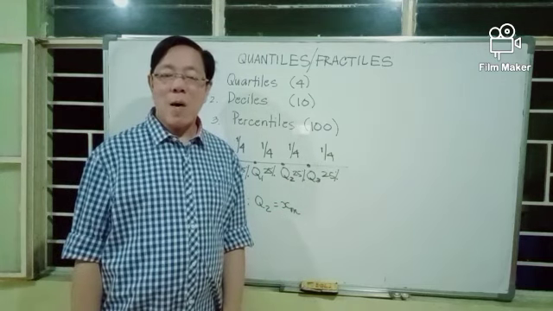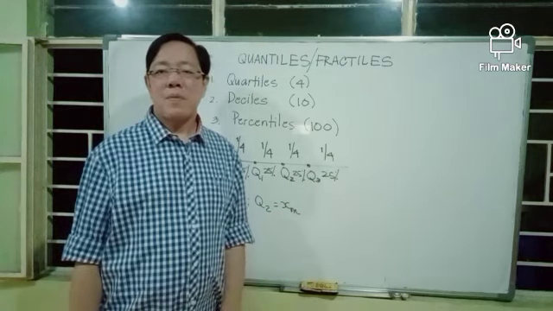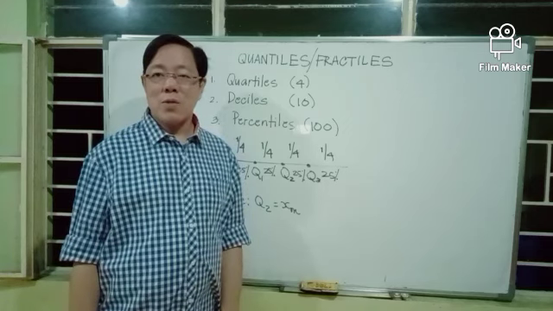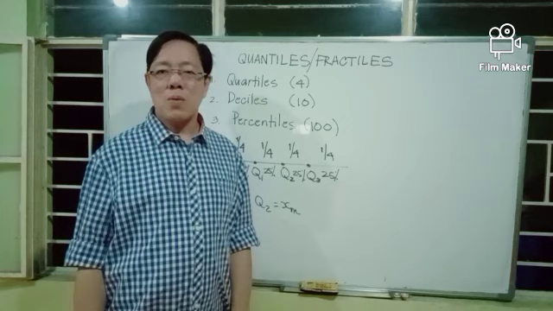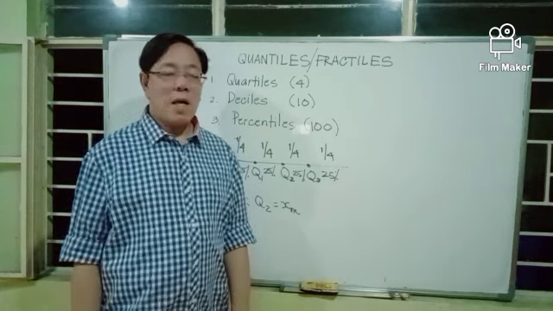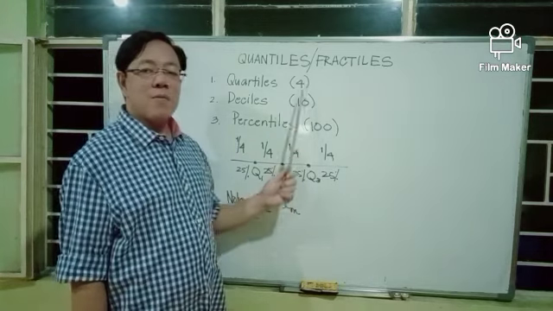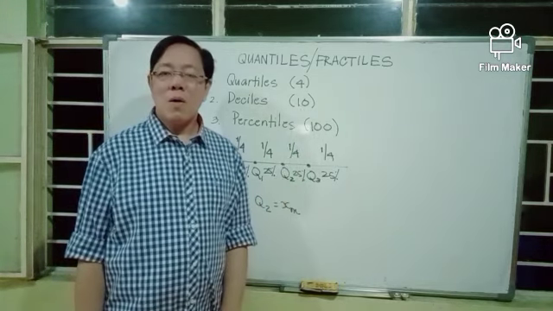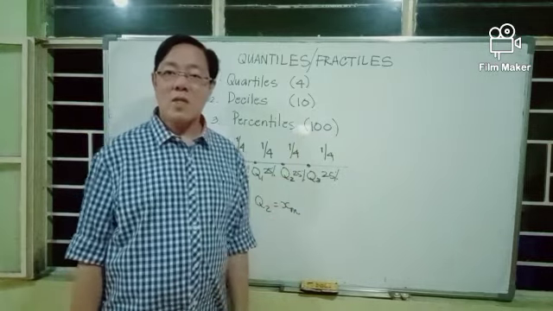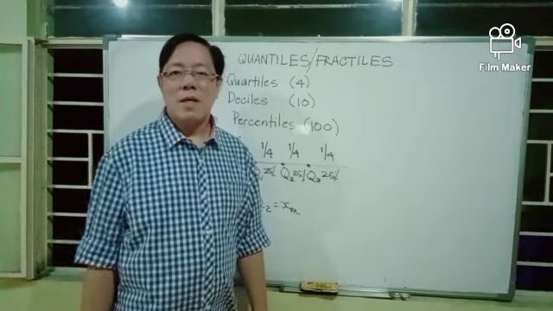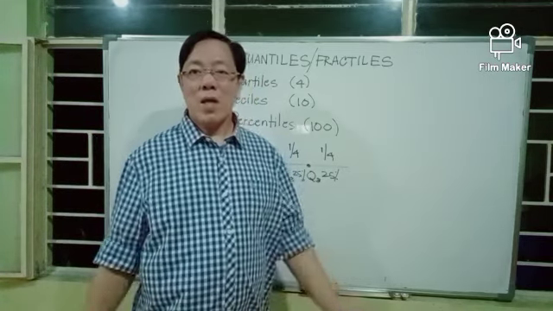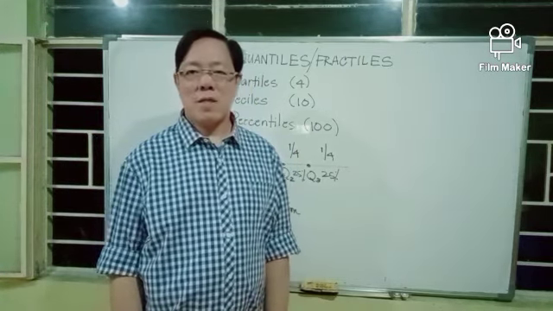Thus, again, the number of points or values needed to divide a set of data into equal parts is 1 less than the number of equal parts, or the number of equal parts is 1 more than the number of points needed to divide one whole into equal parts.